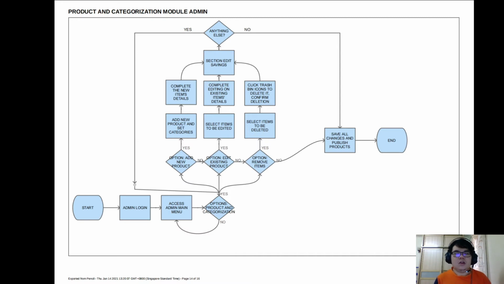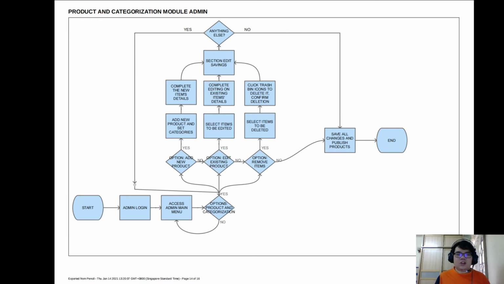For editing existing products, they must first select items to be edited and complete editing on them. Then they will save it, and lastly remove item, which they first select items to be deleted and use our buttons to just delete it.